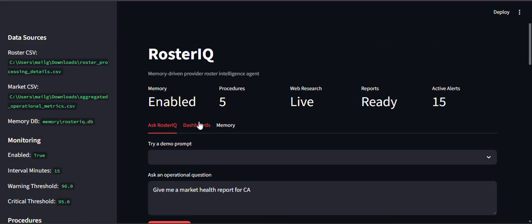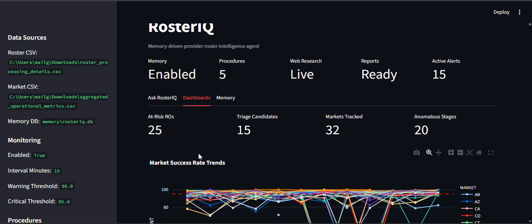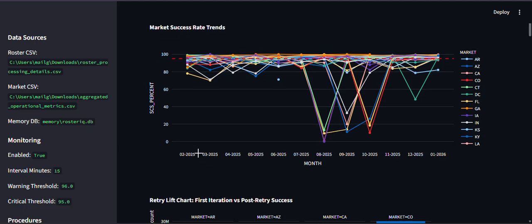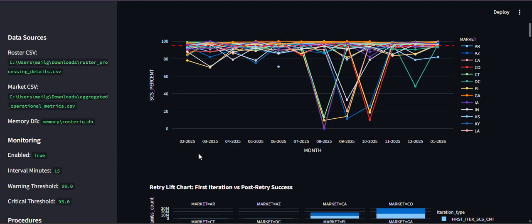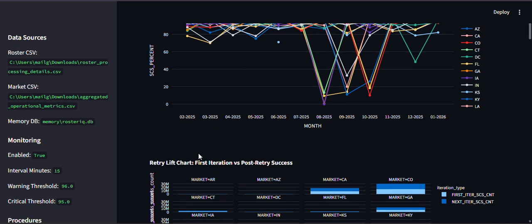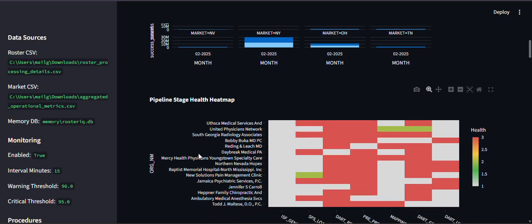The second part of our UI is the dashboard view. This is where users can explore market trends, charts, retry lift, stuck operations, and pipeline health visually. The visual tool that we have created uses Matplotlib and Plotly. You can see these are the different types of graphs.